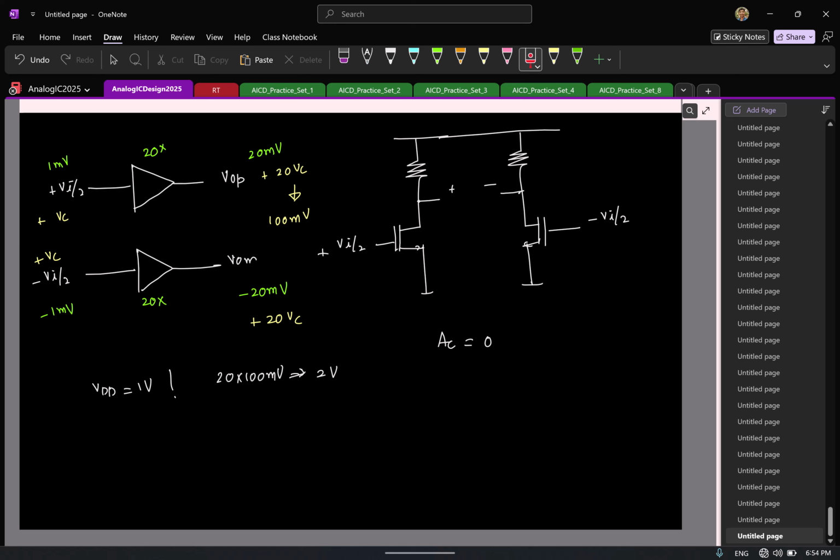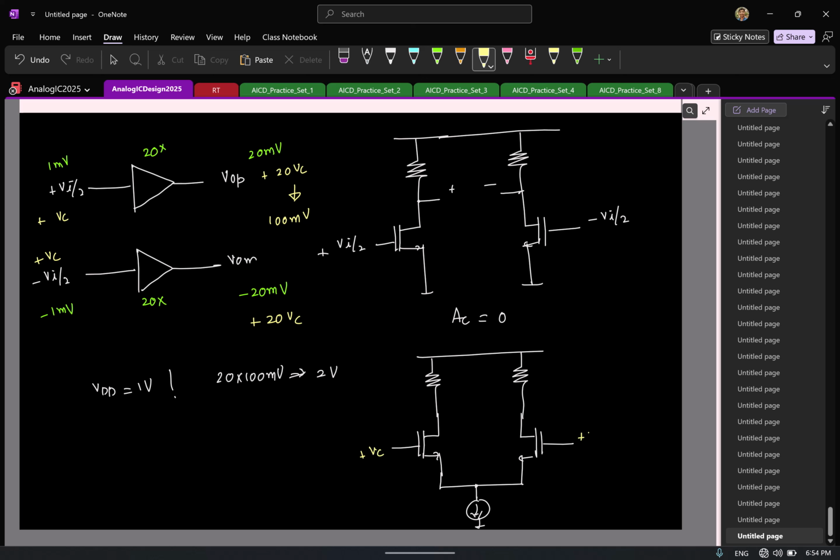Now, the solution to this is to have a circuit which has ideally 0 common mode gain. And that's where this guy comes in, the diff pair, where you have an ideal current source here. Now if I try to do this, let us say I have a common mode excitation Vc.